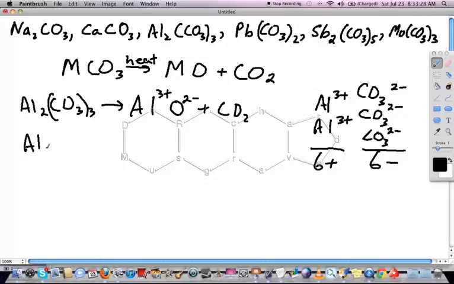So we figure out the formula for the metal oxide, and it's going to be Al2O3. Again, the strategy here is to make sure that we have enough of each so that the charges match. We've got 2 aluminums, that gives us 6 plus, and 3 oxygens, that gives us 6 minus, so that matches up. Oops, that should be Al2.